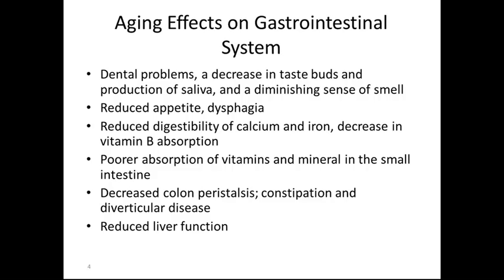GERD is another common disease, gastrointestinal reflux disease, which commonly happens as we age, as the sphincter between the stomach and the esophagus wears. Colorectal cancers are also common among our older populations.